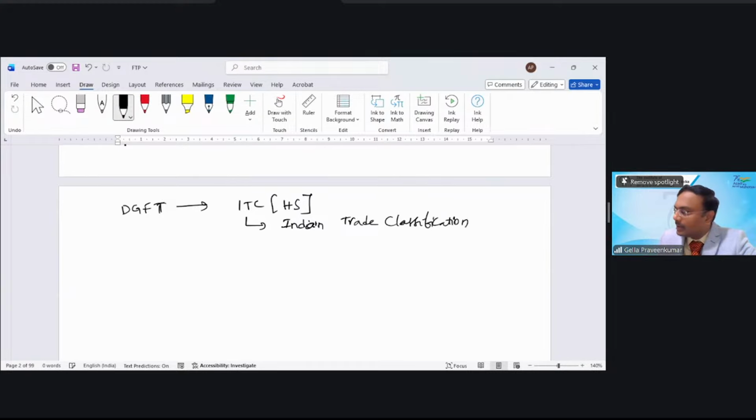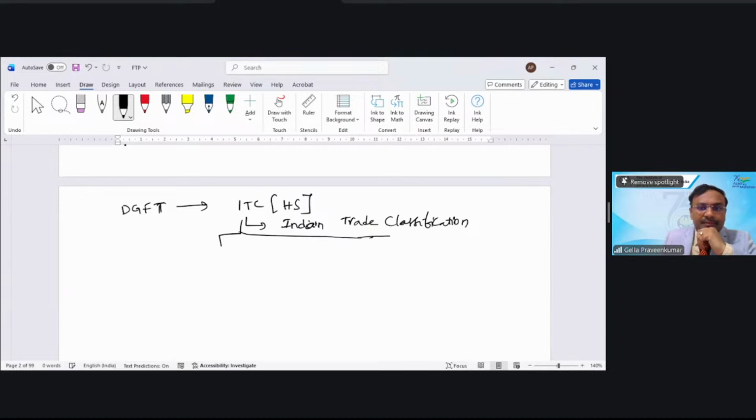So there are certain items which are of high priority, which need to be regulated. So you have Schedule 1, Schedule 2, and the SCOMET list.